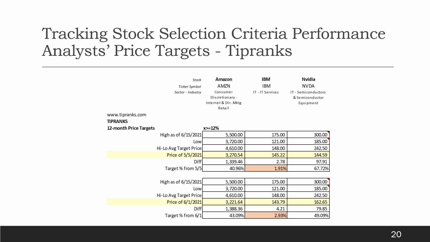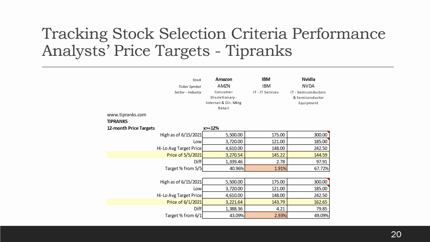Second, use the price on the purchase date of June 1st and see the new distance from that price to the target price, because that day's current price will likely have changed from the research date price of May 5th. Amazon's price and IBM's price decreased, so their differences are longer and their price appreciation target percentages are higher.